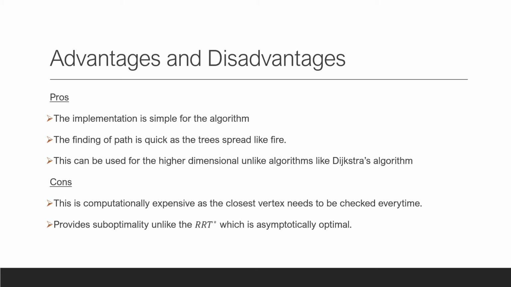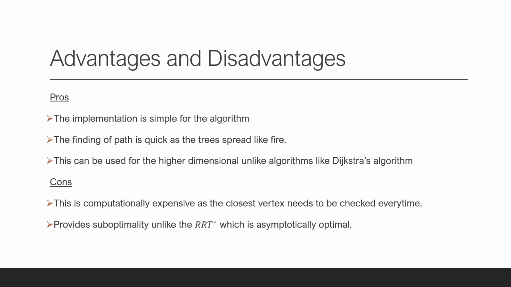Then we have the cons of this algorithm. This is computationally expensive, as the closest vertex needs to be checked every time a random point is generated, so all the nodes are checked to find which one is the nearest. It provides suboptimality, unlike RRT star, which is asymptotically optimal.